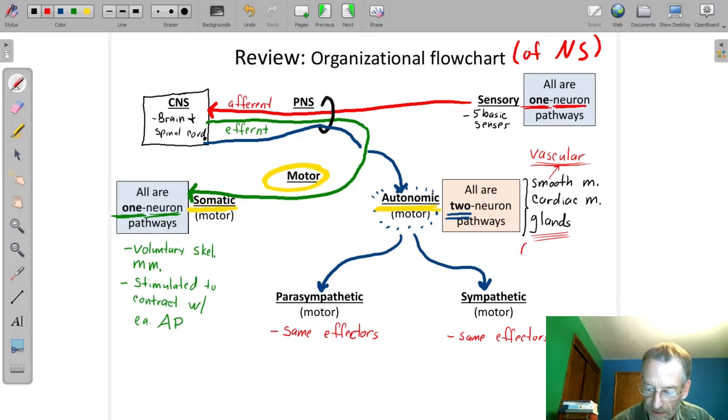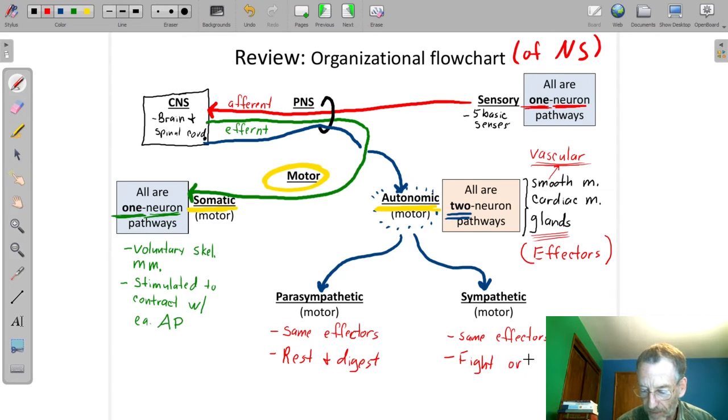So these, again, are the effectors. They're what will cause the response, the effect. And again, these are rest and digest functions. And these under sympathetic are fight or flight functions. Survival.